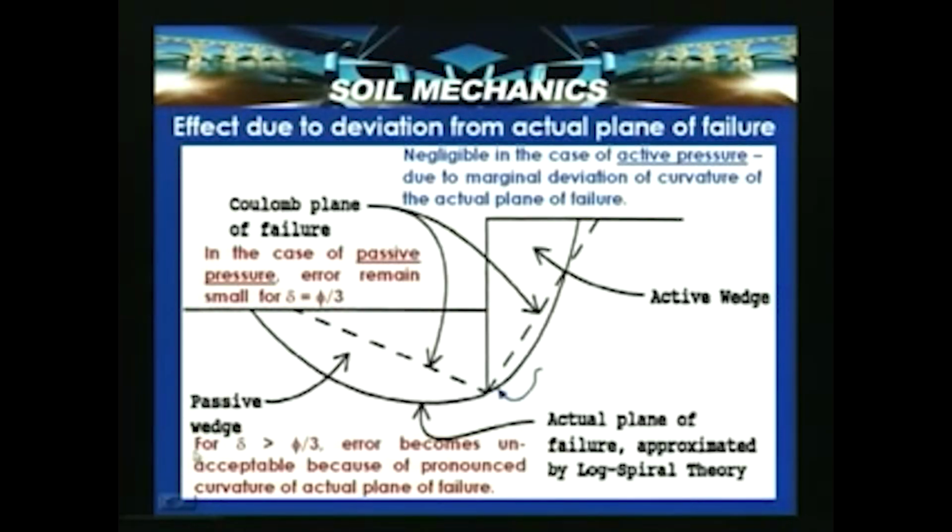But for cases where delta is greater than phi by 3, that is, the wall interface friction angle delta is more than 1/3 of the friction angle of the soil, the error becomes unacceptable because of the pronounced curvature of the actual plane of failure. So the deviation between the actual plane of failure and the plane assumed by Coulomb increases for values of delta greater than phi by 3.